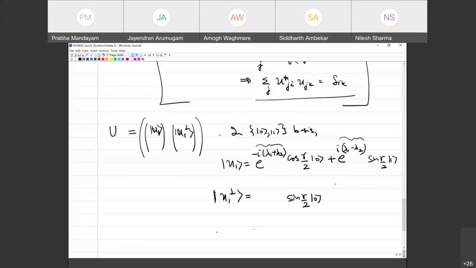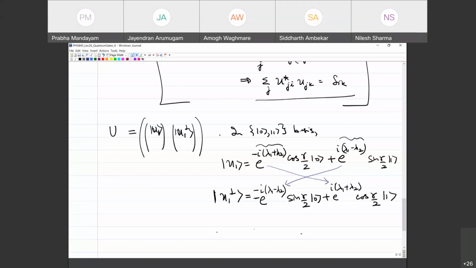But this should come with a minus, basically the negative of this phase here. So that's going to be minus i (lambda 1 minus lambda 2) plus the negative of this phase, so that is plus (lambda 1 plus lambda 2), cos gamma by 2, 1. Okay. So notice that this phase comes here with a negative sign.